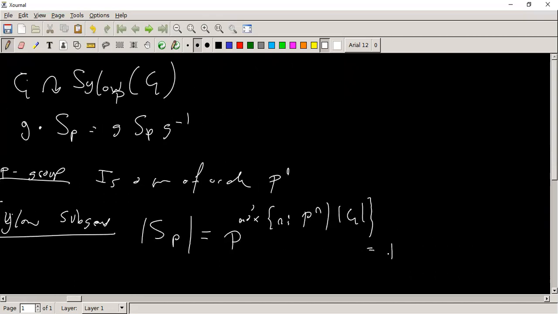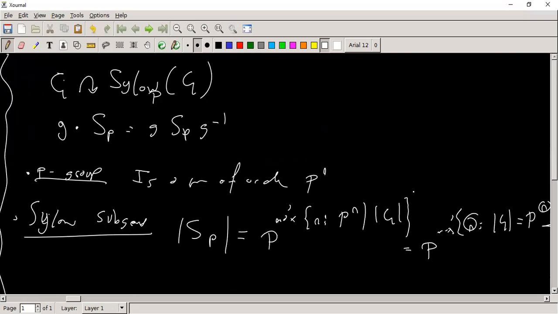I need to explain this a little bit better. It's the max n such that, if we describe the order of G as p to the n times q, then this n has to be the maximum. Okay, so far so good.